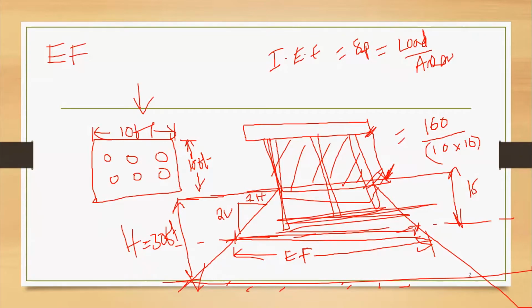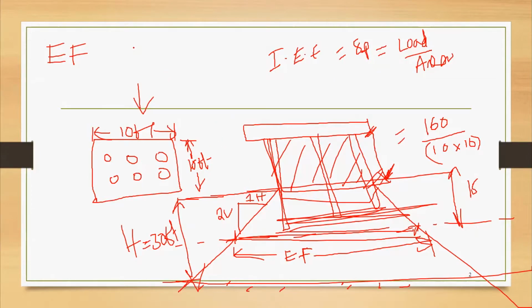So this is the slope. It is very simple to understand. In this particular triangle, we are assuming that the slope is 2 vertical to 1 horizontal.